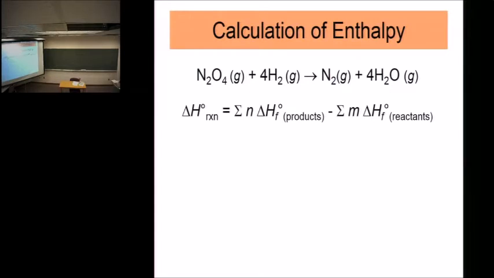It's the gas. Make sure you get the one with the gas. Yep, that one right there. Don't forget to multiply it by any coefficients. Did you multiply by coefficients? Okay, good. Okay, did we find those numbers? Okay, put them in.